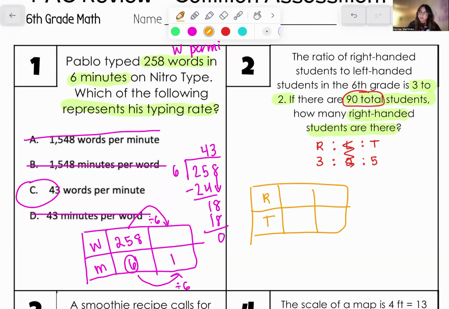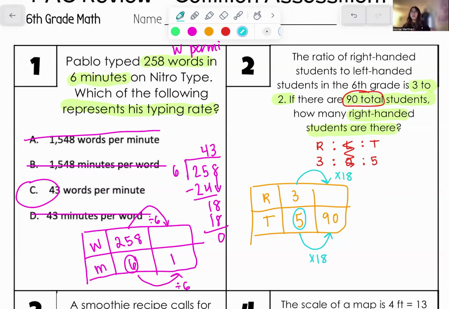My original ratio told me 3 to 5, and there are 90 total. So our corner number is 5. I can't do anything to get from 5 to 3, but I do know that from 5 to 90 is times 18. So we're going to do times 18 on the top.